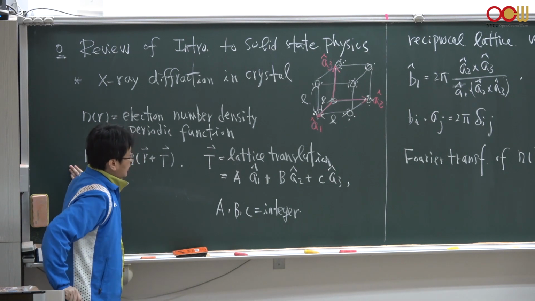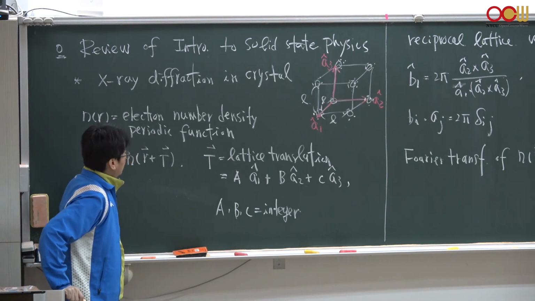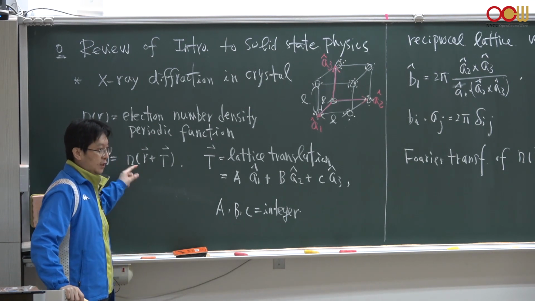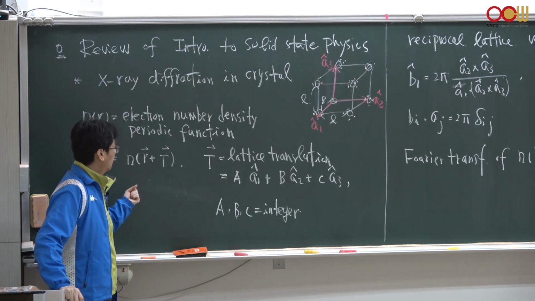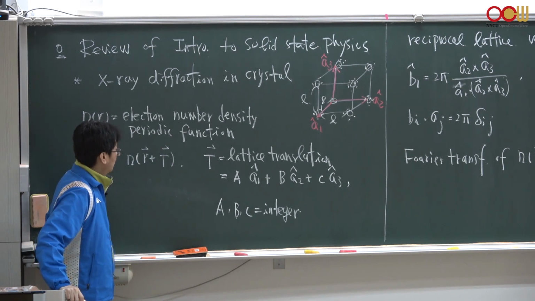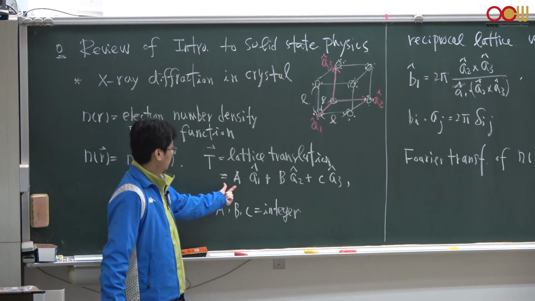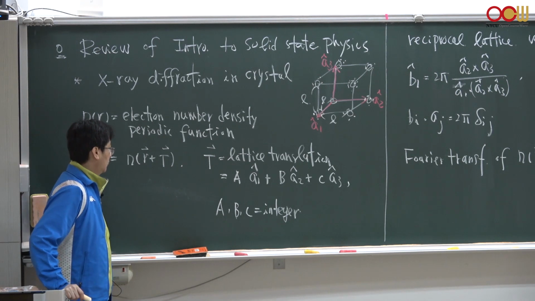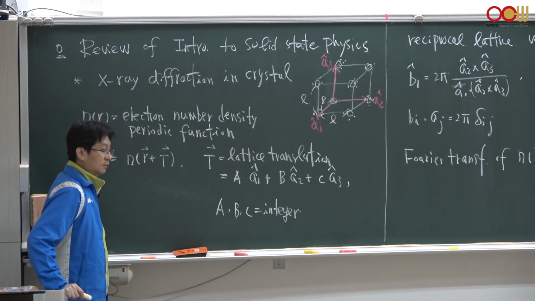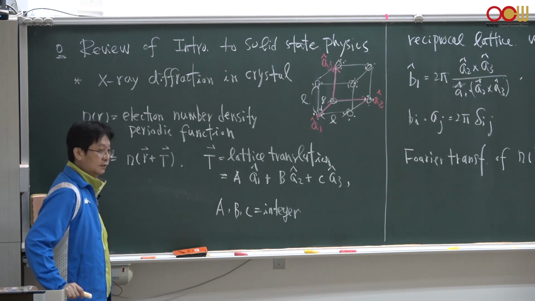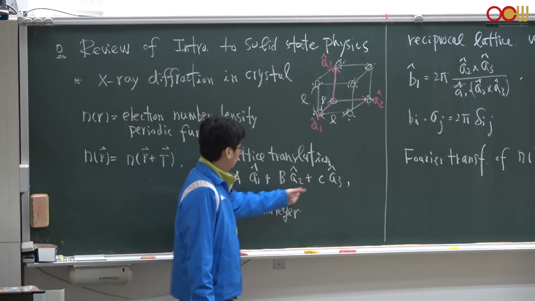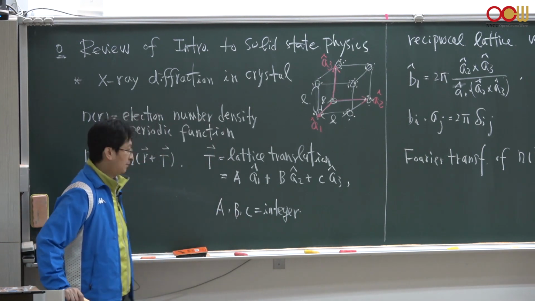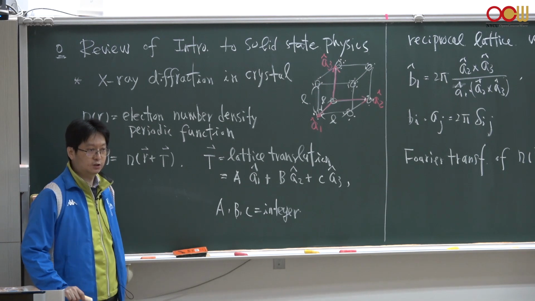So if you take a measure of the electron density at position r, it is going to be the same as if you translate this position by a lattice translational vector T, which is given by this linear combination of three lattice vectors, capital A times little a1, plus capital B times little a2, plus capital C times a3 unit vector. And this A, B, and C with the capital letters represent integer numbers.